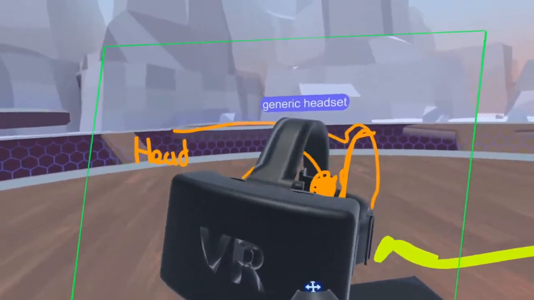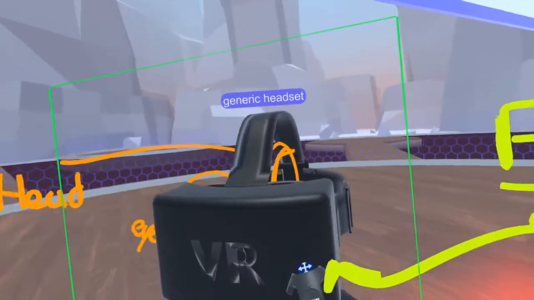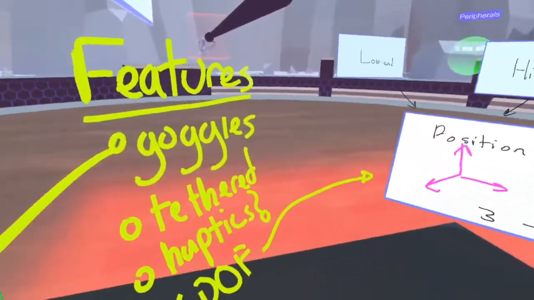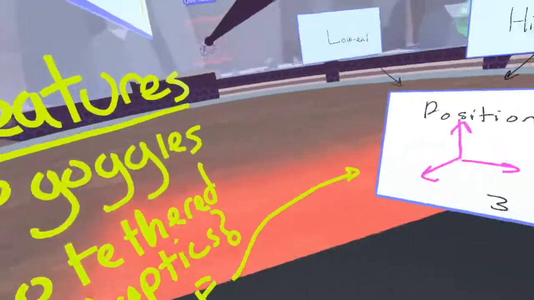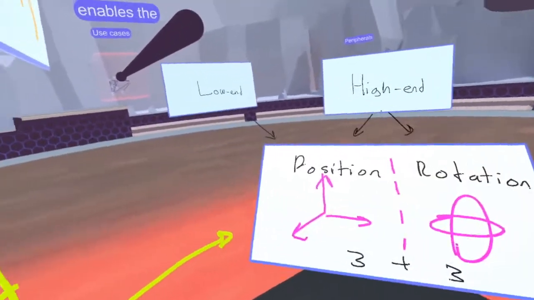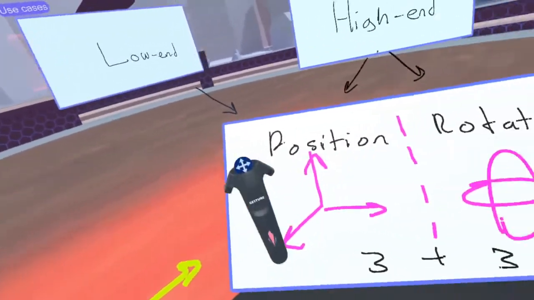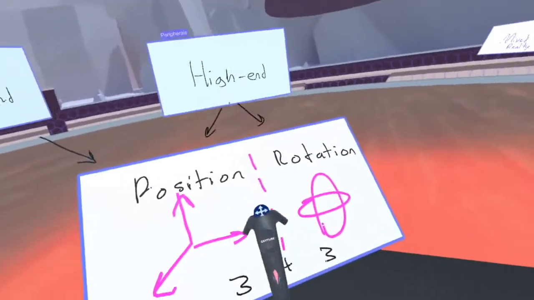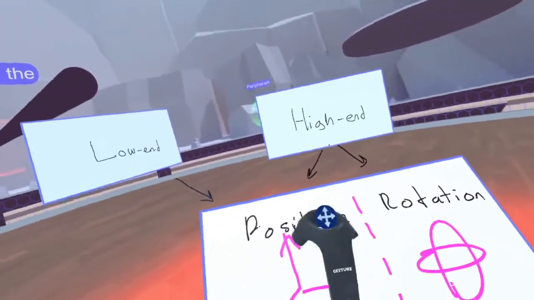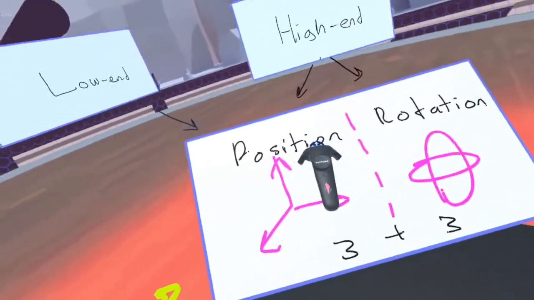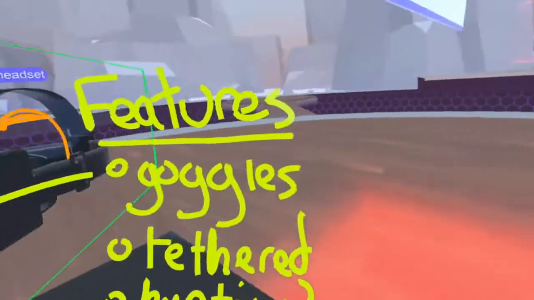So you could actually walk forward but stay in the same place inside of the virtual environment. 6 DoF, as it's called, is a lot better than 3 DoF for a number of reasons. And just to note, the lower end VR headsets tend to only be rotational. I actually did this incorrectly. This should be over here. And the high end headsets are 6 DoF in that they have both position and rotational tracking.